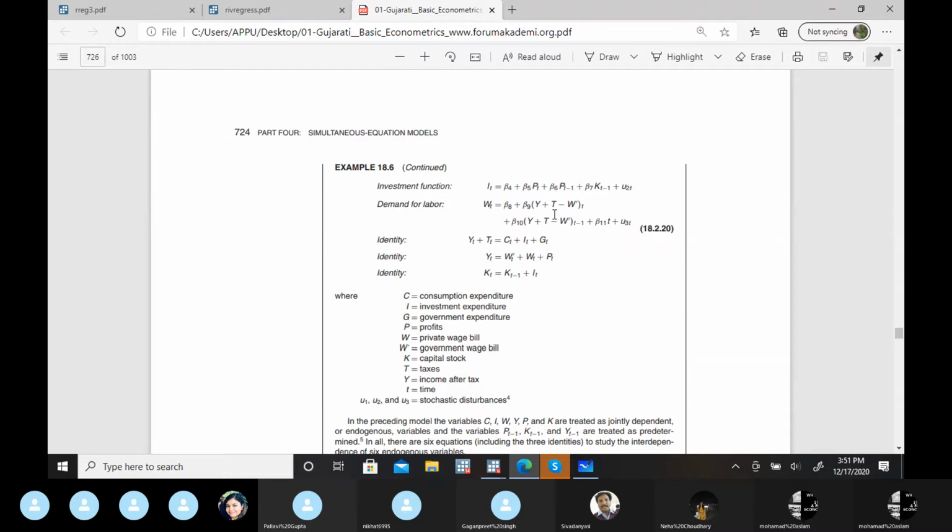Now here you have to identify these instrument variables. So in instrument variables, you have to exclude the endogenous variables, like here this Y, T, they're endogenous variables plus wages endogenous variables. So only we have to specify this time, these predetermined variables from this particular equation. So it's here as a time.